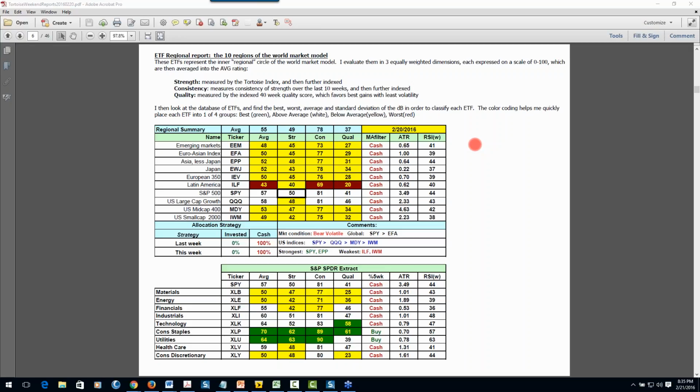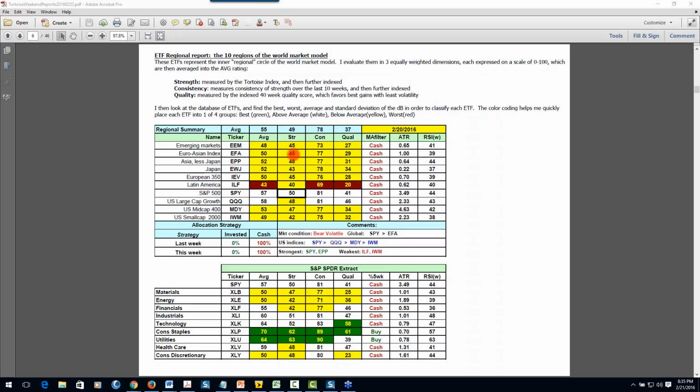Once I have that position on, the only way I get out of that position is if that stop is hit or if it goes below the database average and is now no longer a relative strength leader, then I'll go ahead and get out of it. But I will not use the broad market health check as a way to justify getting out of a relative strength leader. I let each trade's managed stop guide that.